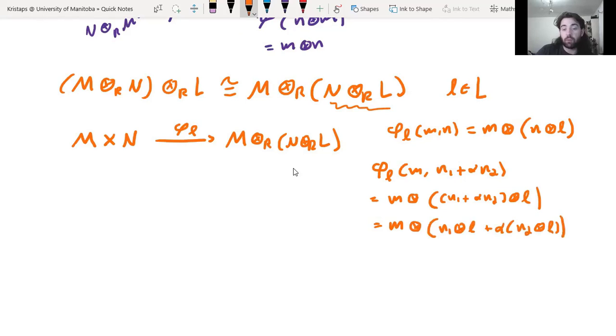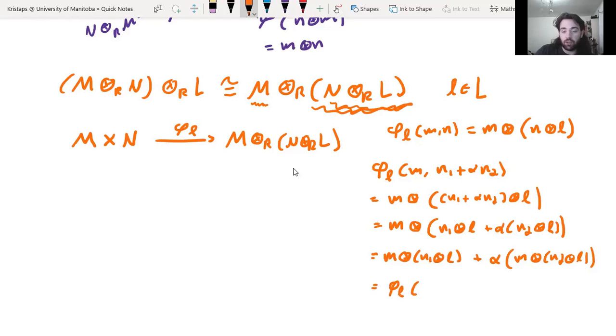Then from the relation in this tensor product, we can split this open, and we see that this is m tensor n1 tensor l plus alpha times m tensor n2 tensor l. Finally, we see that this is phi sub L of (m, n1) plus alpha phi sub L of (m, n2).